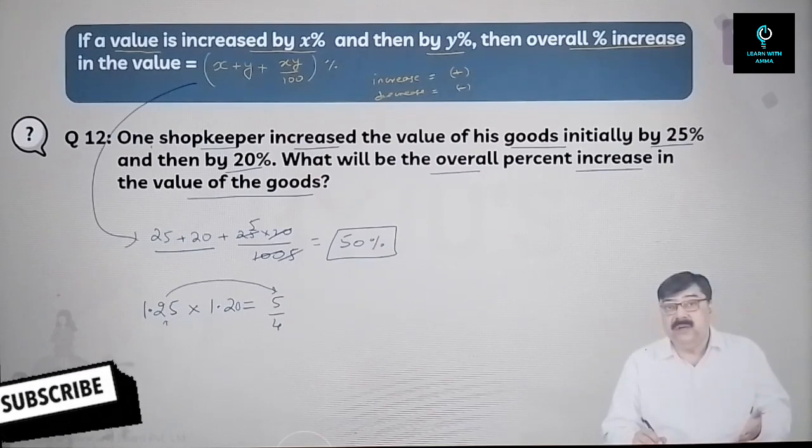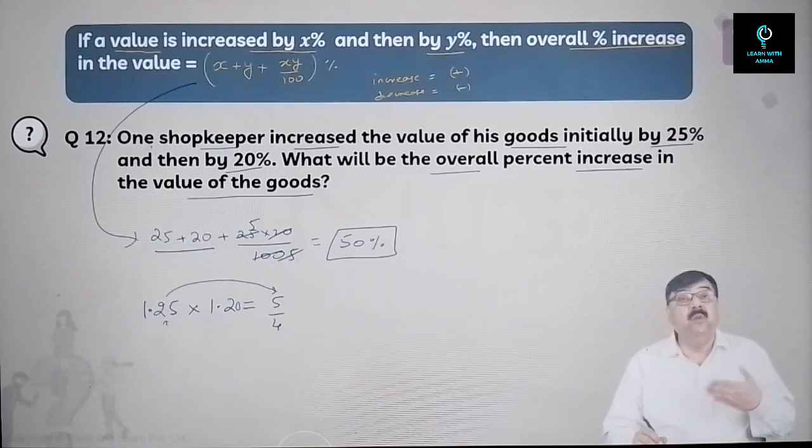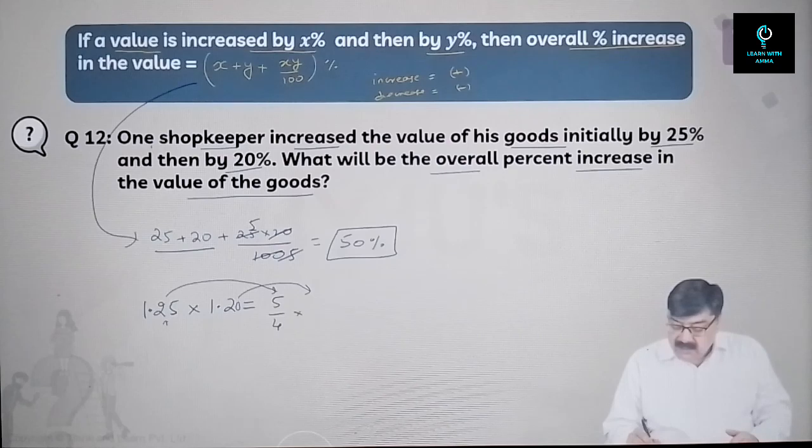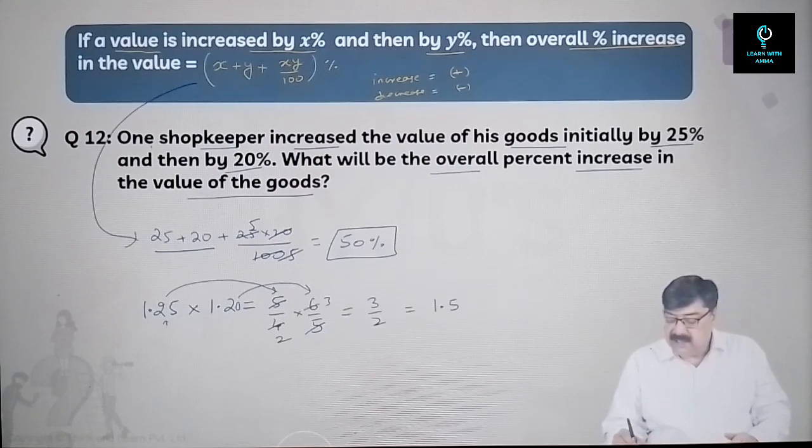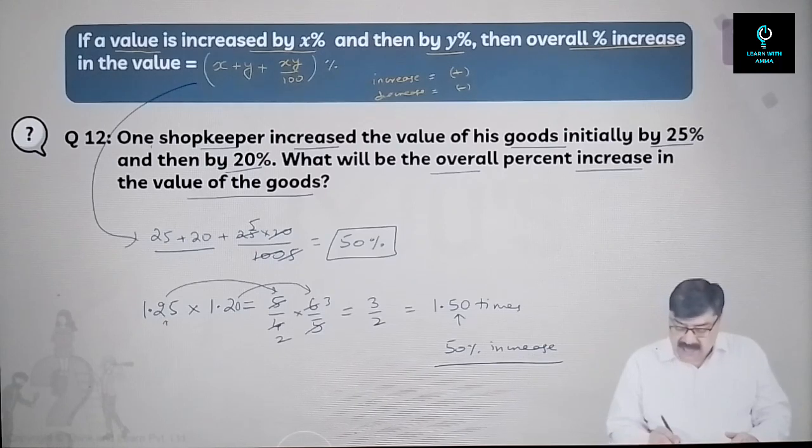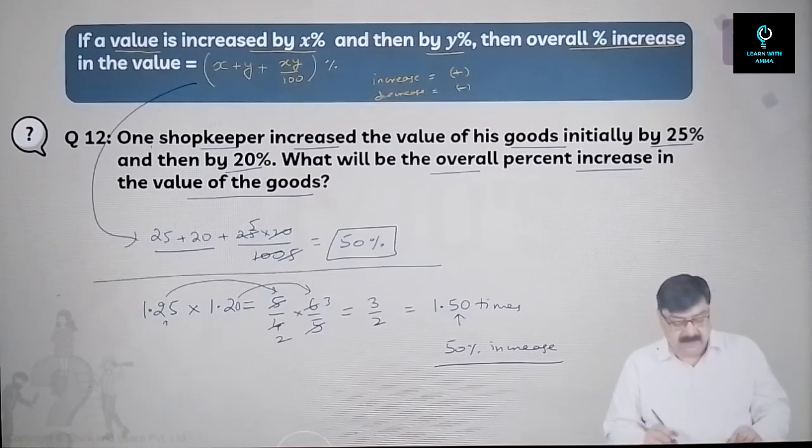So 1.2 times or 120% is going to be 6 by 5. So 5 and 5 cancels, becomes 2, becomes 3. So 3 by 2, that is 1.50 times. So this is how much more than 1? It is 50% more than 1. So it has to be 50% increase. So either of these two methods you can employ.